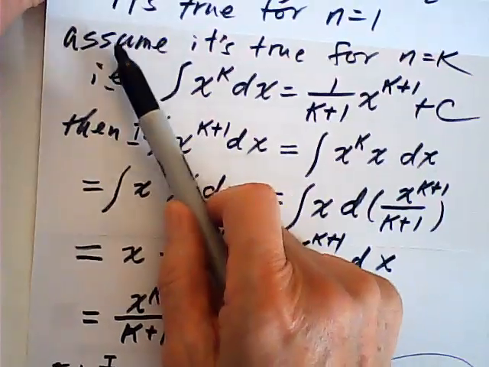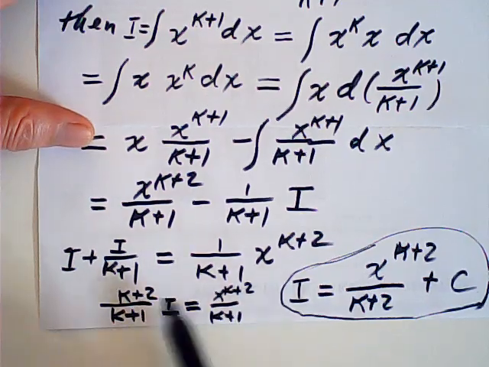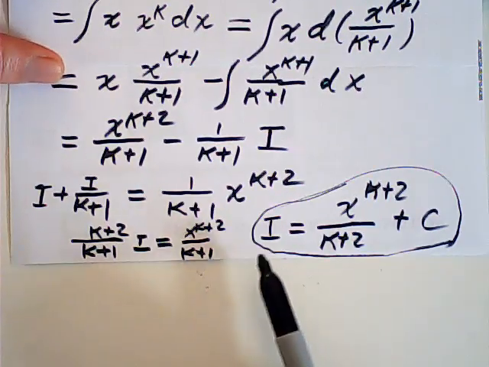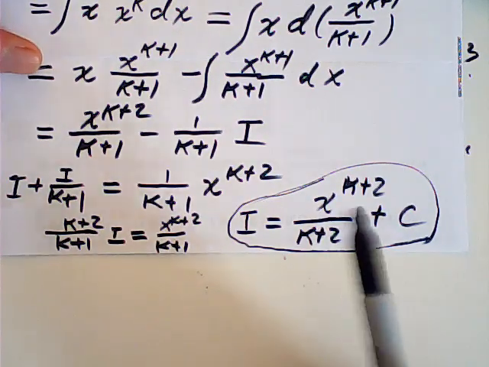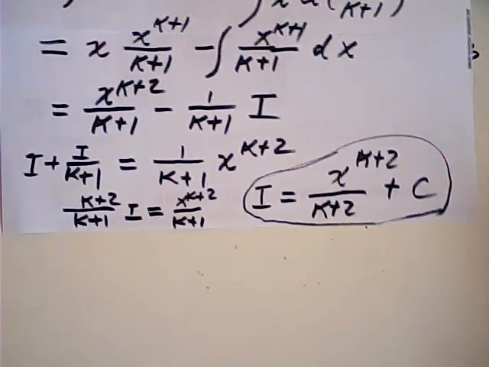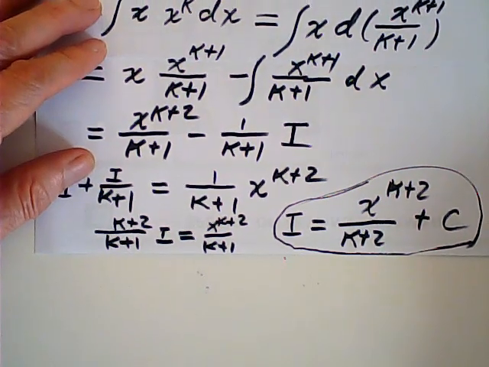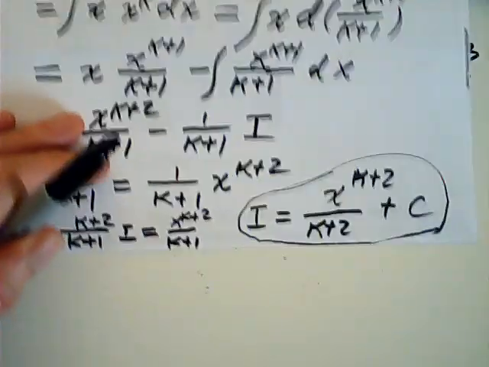It is true. After we assume that it's true for n equal to k, we prove that it is also true for n equal to k plus 1. Therefore, this is true for all n. Well, thank you for watching.